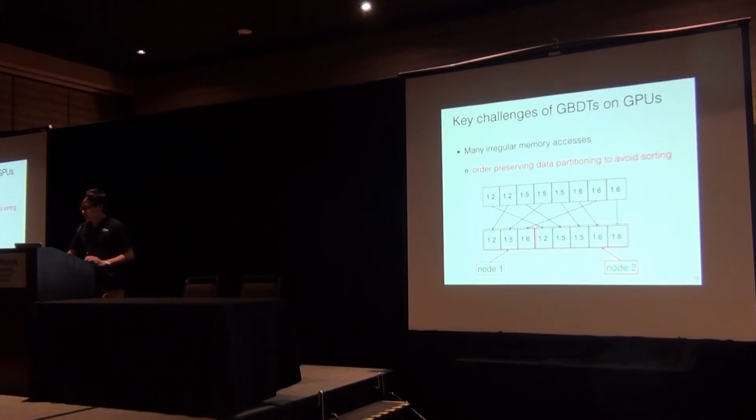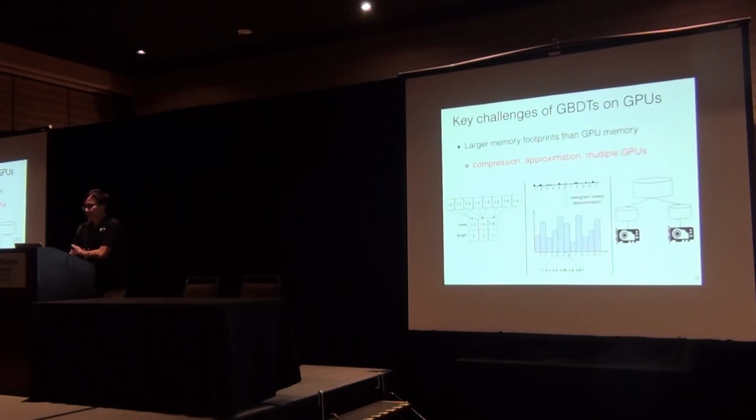So we propose various kinds of techniques to tackle each of these challenges. For example, we propose the data preserving data partitioning. So once we split one node into two nodes, the data in the two child nodes are naturally sorted.